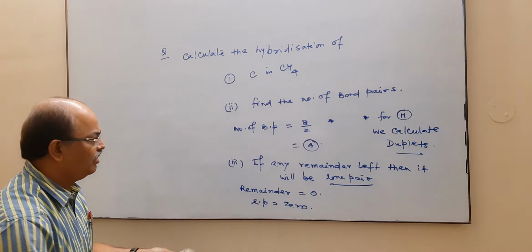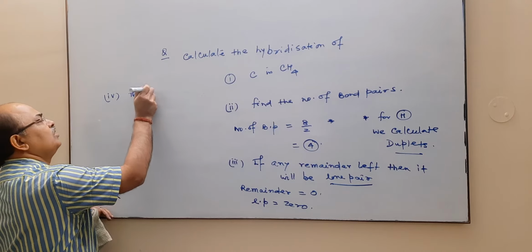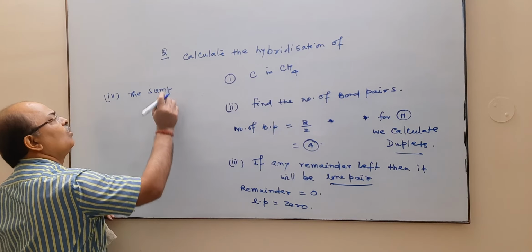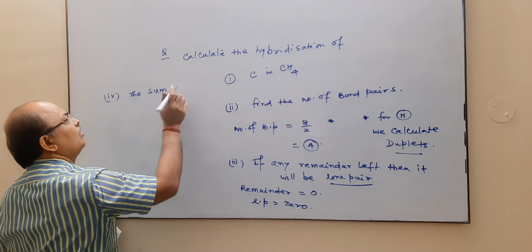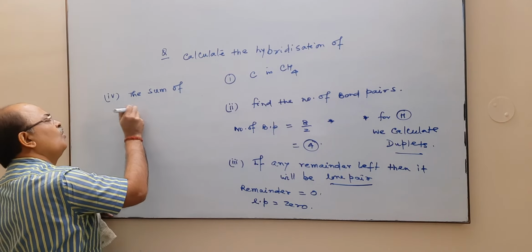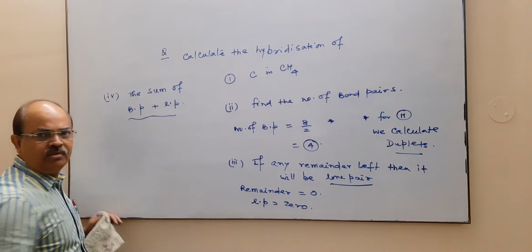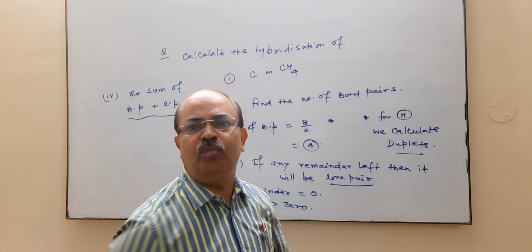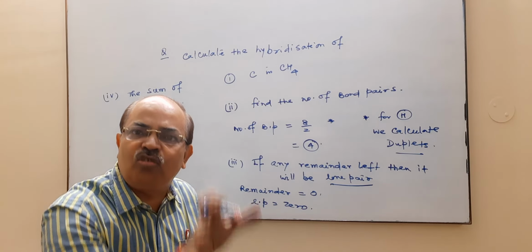Now the fourth point is the sum of bond pair plus lone pair. आप पढ़ चुके हो कि सम ऑफ बॉन्ड पेयर और लोन पेयर को हम लोग कलेक्टिवली कहते हैं इलेक्ट्रॉन पेयर.